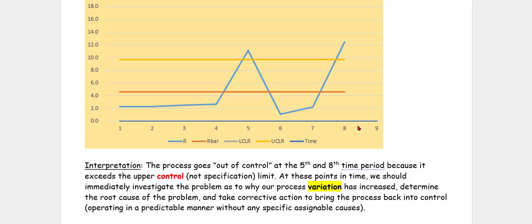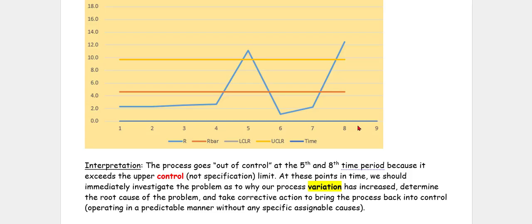At these points in time, we should immediately investigate the problem as to why our process variation has increased. Not our process average, that's what the X bar chart does. This has to do with the tails have gotten larger in this case.